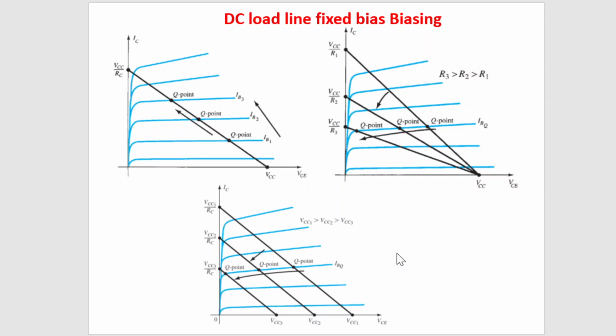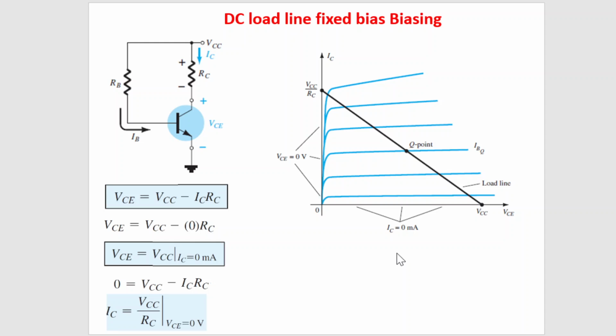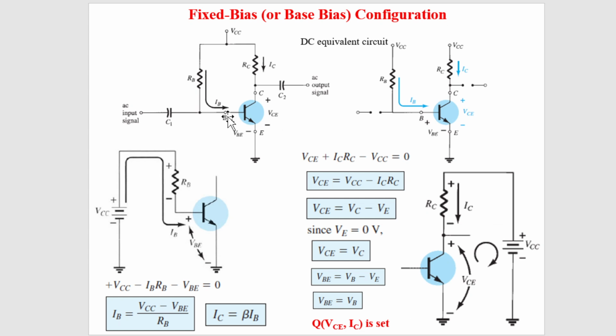Similarly, let us examine how the DC load line changes when you change the different parameters in fixed bias configuration. If you see this output equation, VCE is equal to VCC minus ICRC. The Q point is basically VCE and IC.